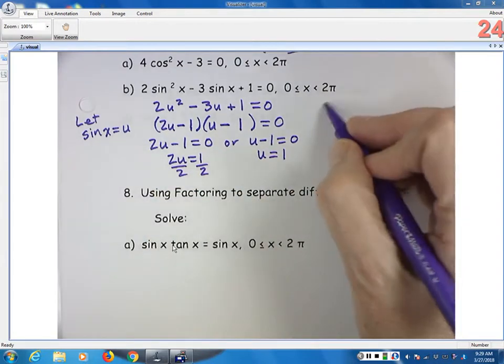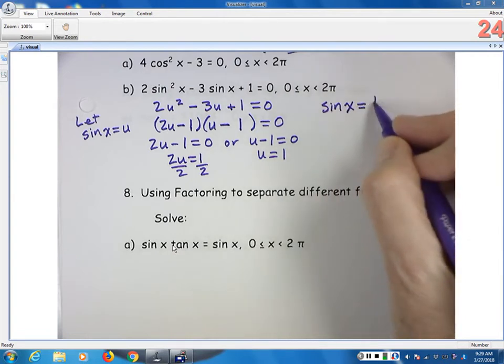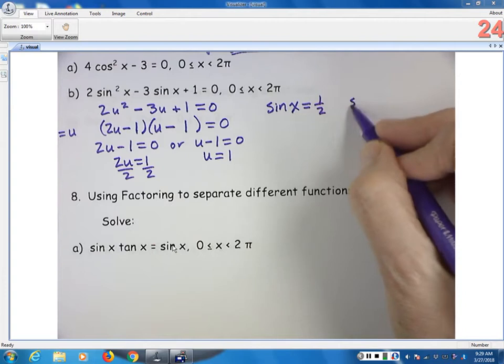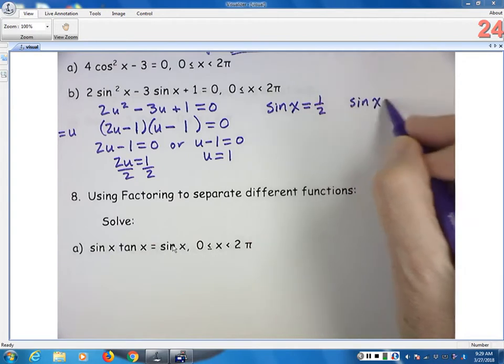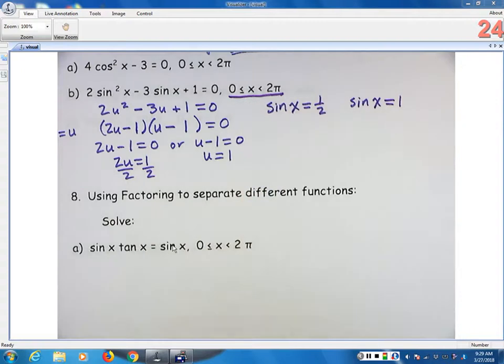So we have sine x equals 1/2, and sine x equals 1. We're only looking for between 0 and 2 pi, so we can find all those on our unit circle. Although on the filled-in notes I did write out the plus 2n pi stuff, I found out I didn't need it.